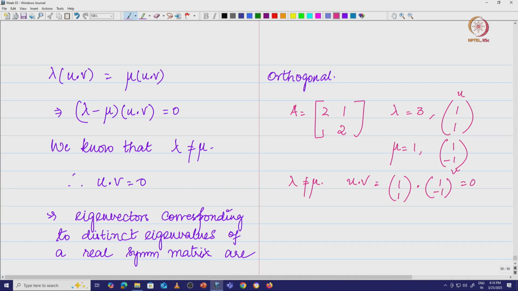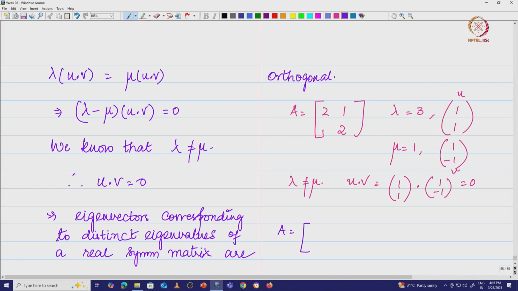When the matrix A is real symmetric, the eigenvalues were distinct and the eigenvectors are therefore orthogonal to each other, right.